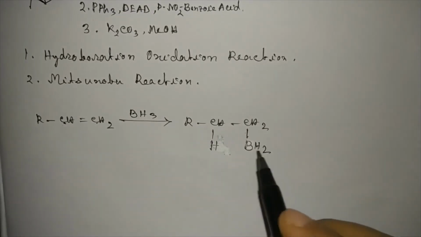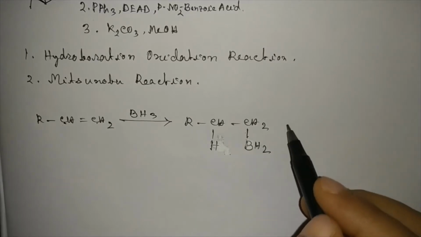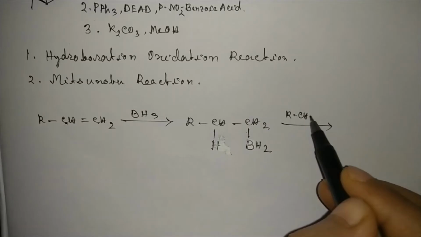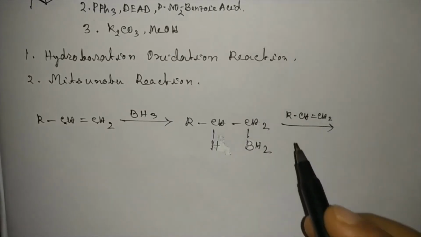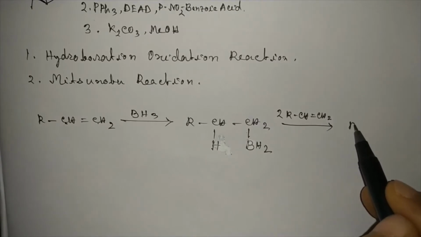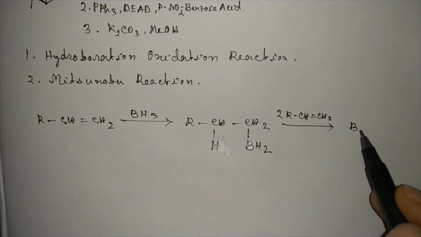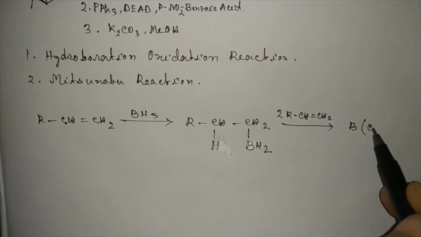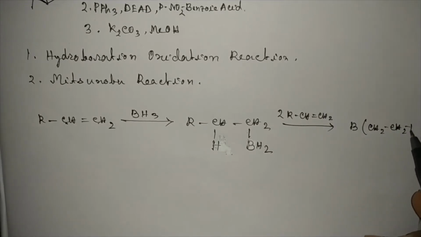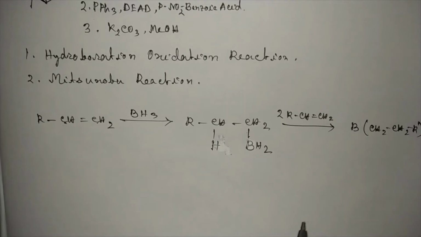And again this will add to another alkene, RCH=CH2, and finally B(CH2CH2R)3 will be formed.